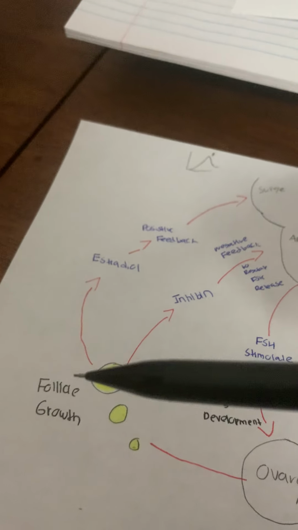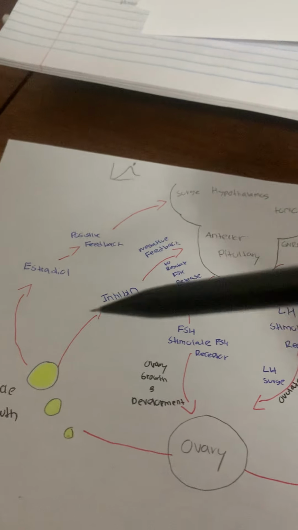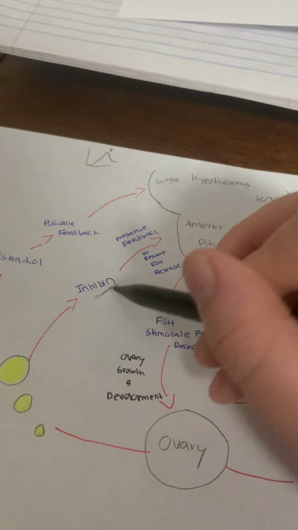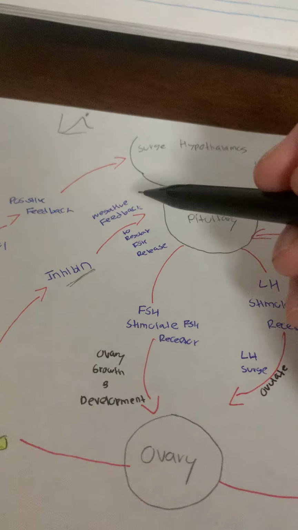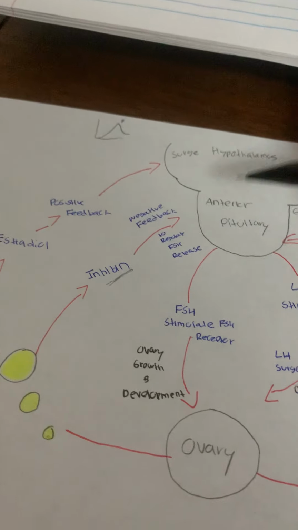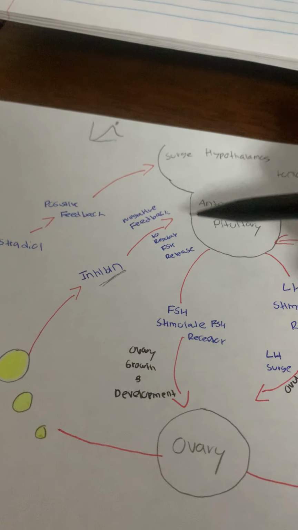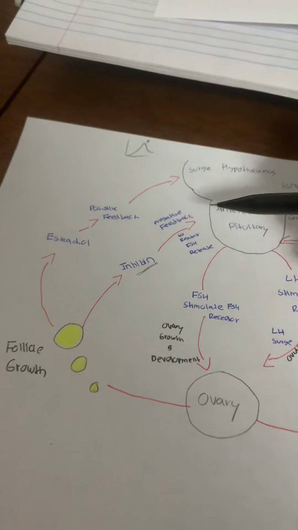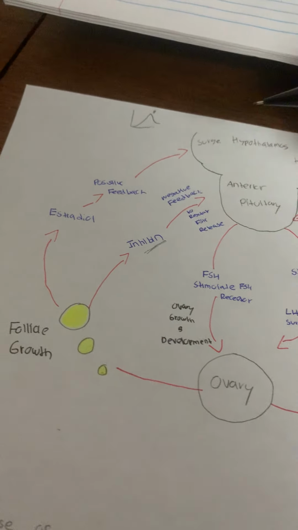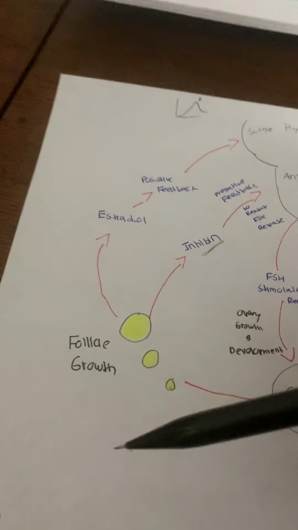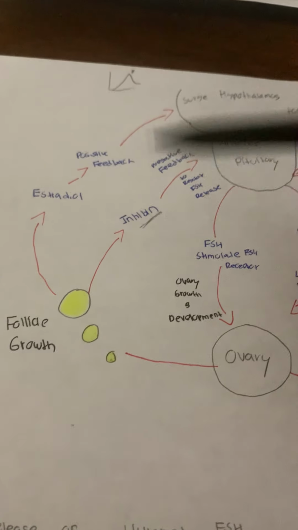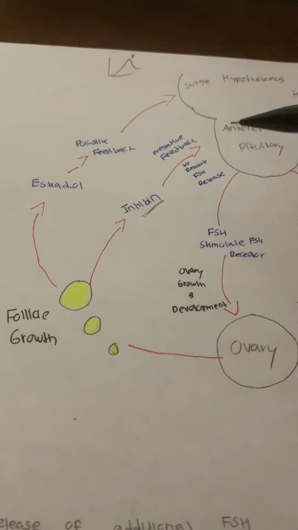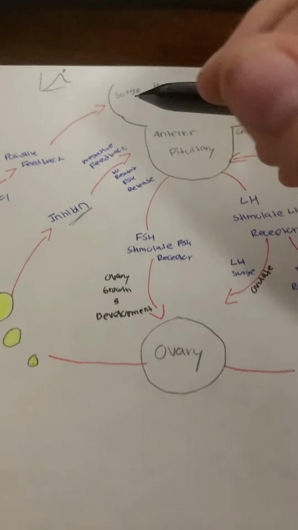But our follicle growth also produces the hormone inhibin, which is located right here, which has a negative feedback, and that's going to regulate our FSH release. So the negative feedback inhibits the release of additional FSH during estrogen, which induces the GnRH surge.